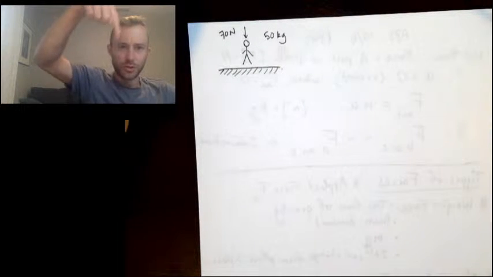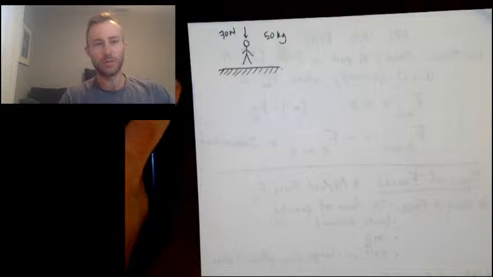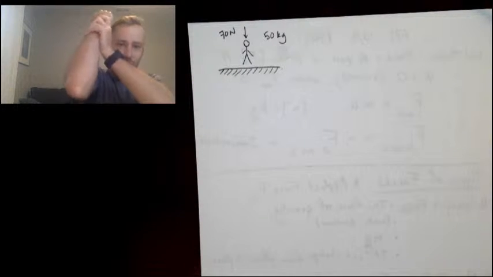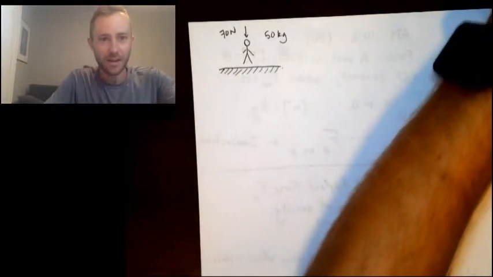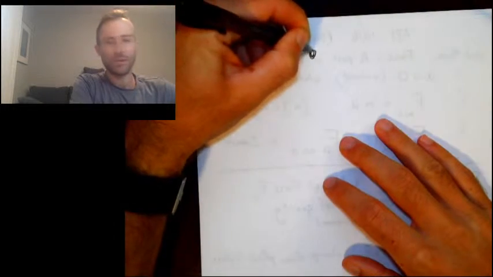Someone is pushing down. I think I have an example in today's quiz where someone is getting a massage, and the masseuse is pushing down on the person's back. That's adding an extra downward force. So what does the free body diagram look like in this case?